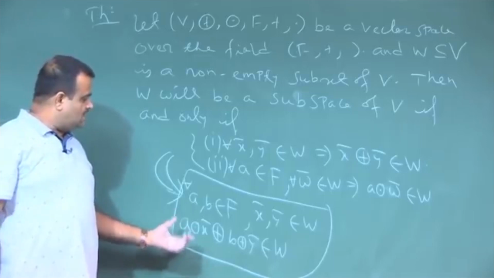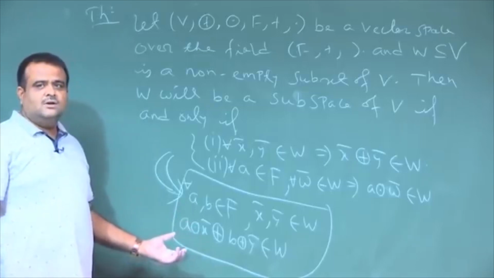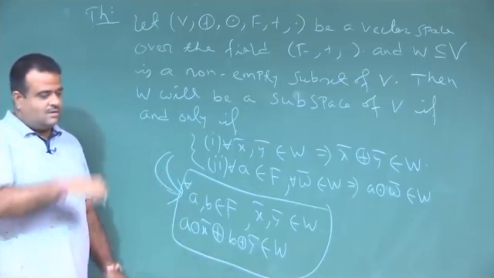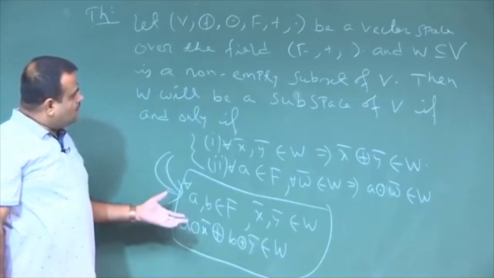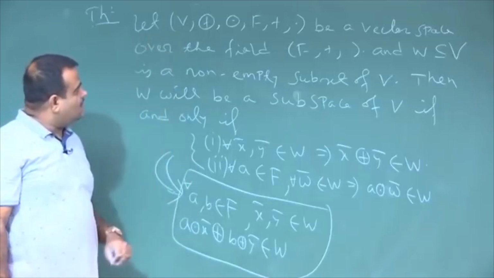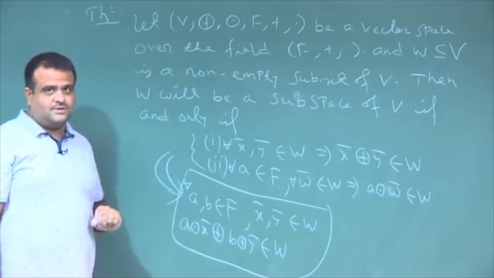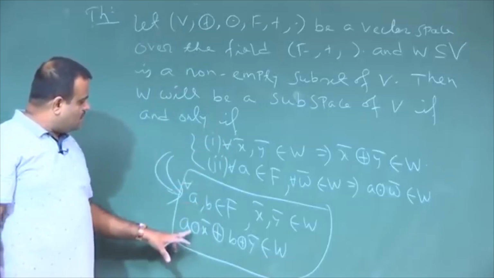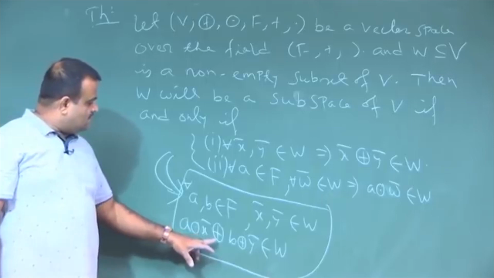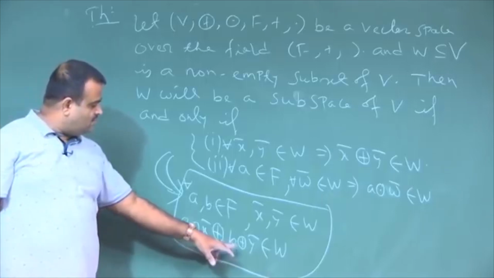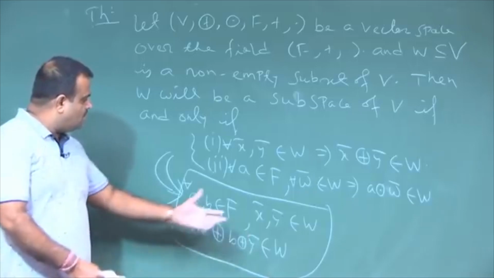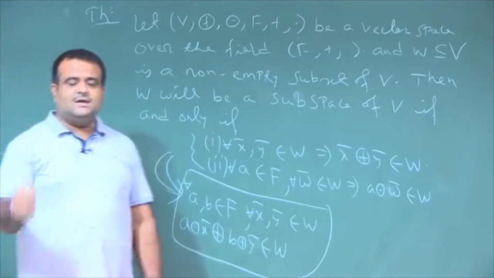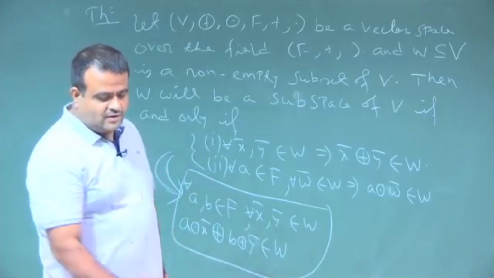So, this is the necessary and sufficient condition for a non-empty subset to be a vector space, a subspace. This is just a combination of these two. For simplicity, a x plus b y must belong to W, and this is true for all a, b and all x, y. Then we can say that the subset is a vector space.